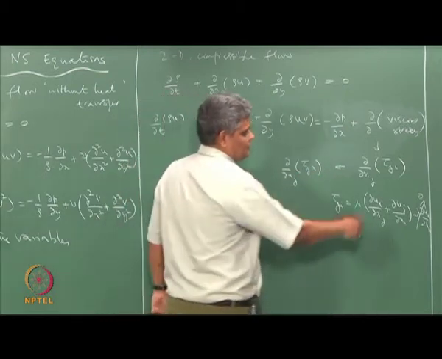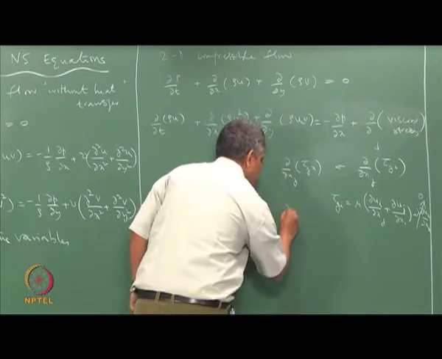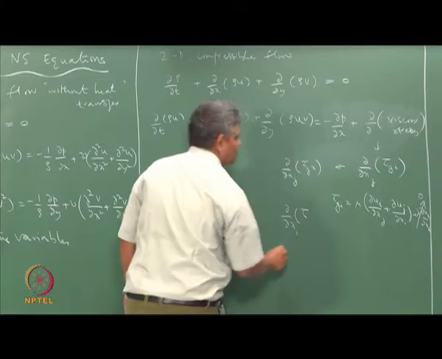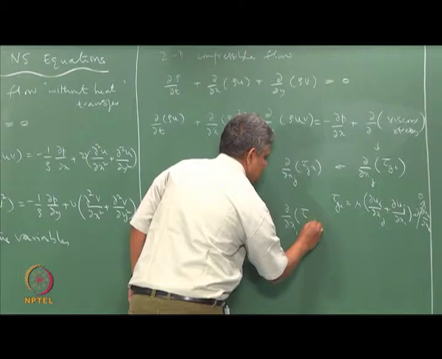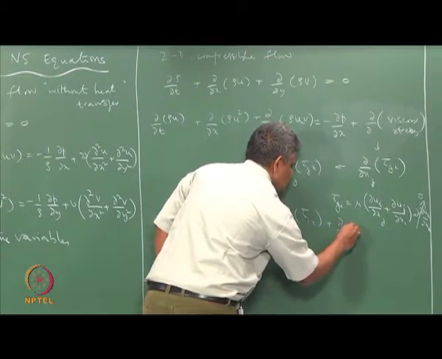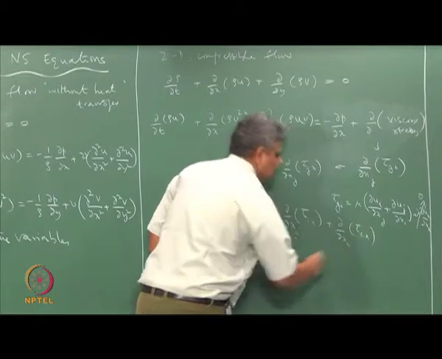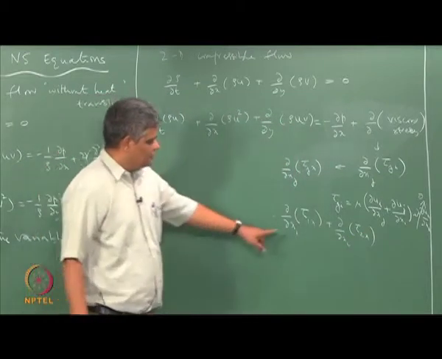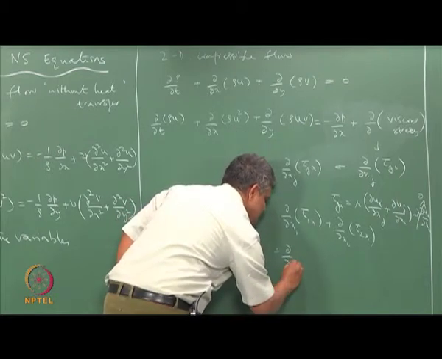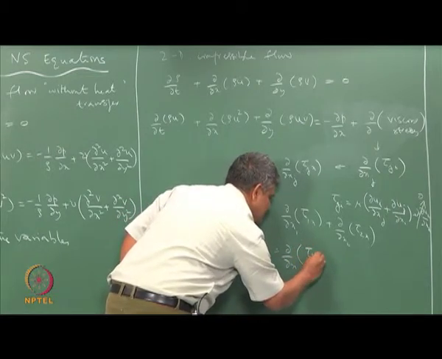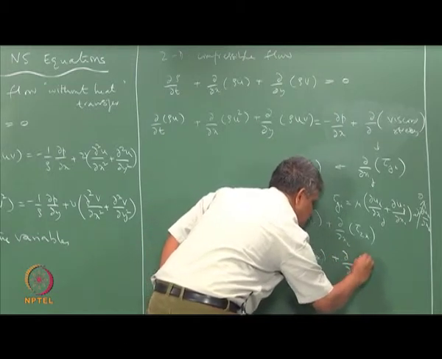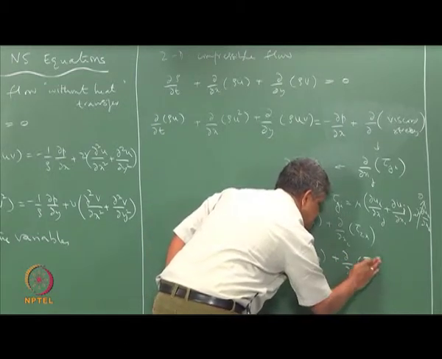So we will have two terms: dou by dou x1 of tau 1x plus dou by dou x2 of tau 2x. Okay. So that is the same as dou by dou x of tau xx plus dou by dou y of tau yx.